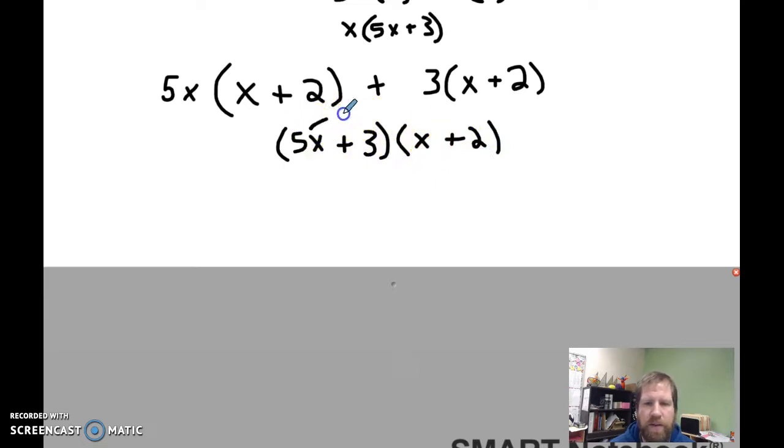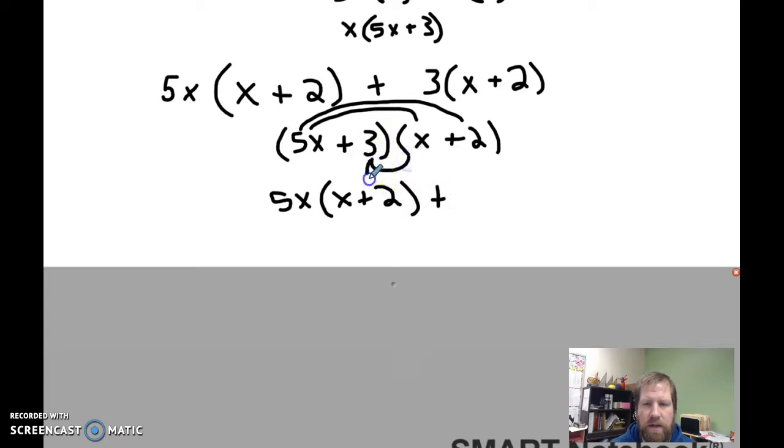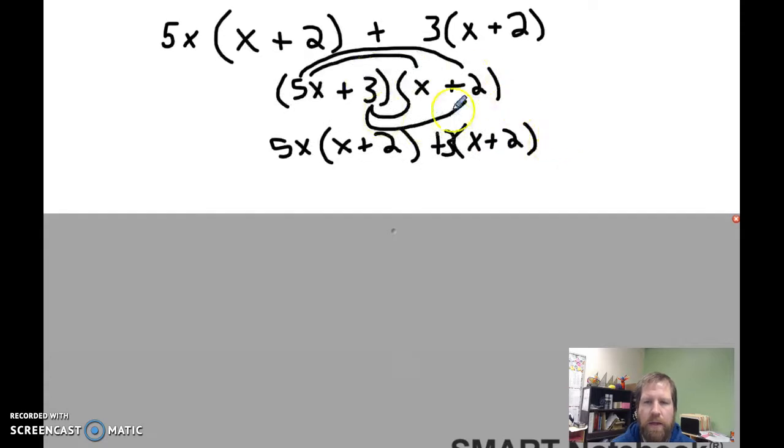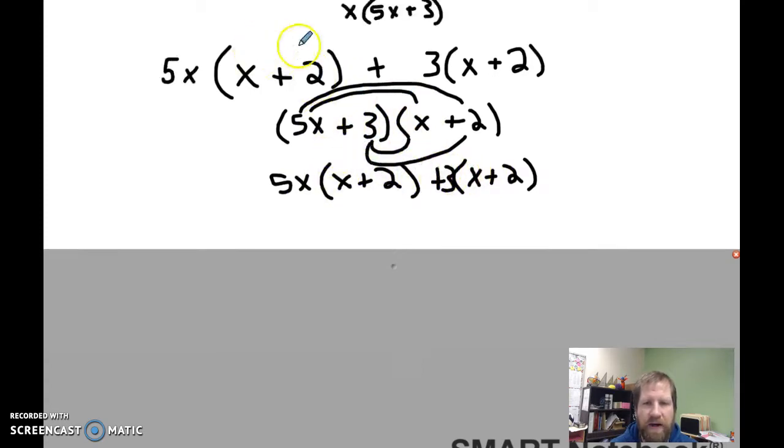If I FOIL, I'm going to do 5x times x plus 2, and add that to 3 times x plus 2. So this foiling is how we know we can work backwards in this way. That's how we know we can factor out the polynomials.